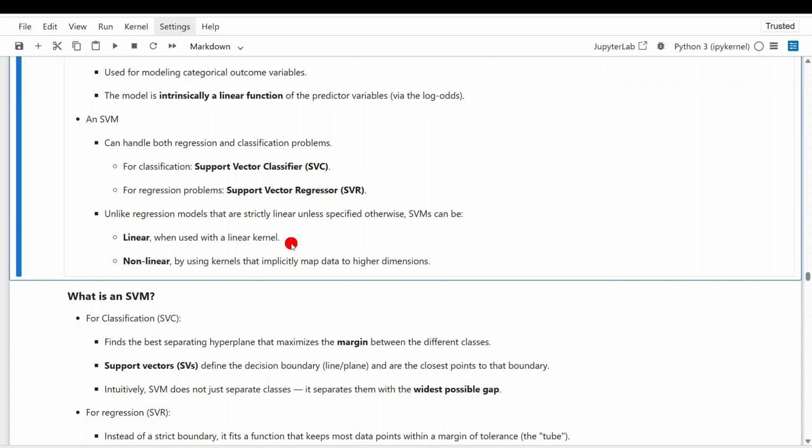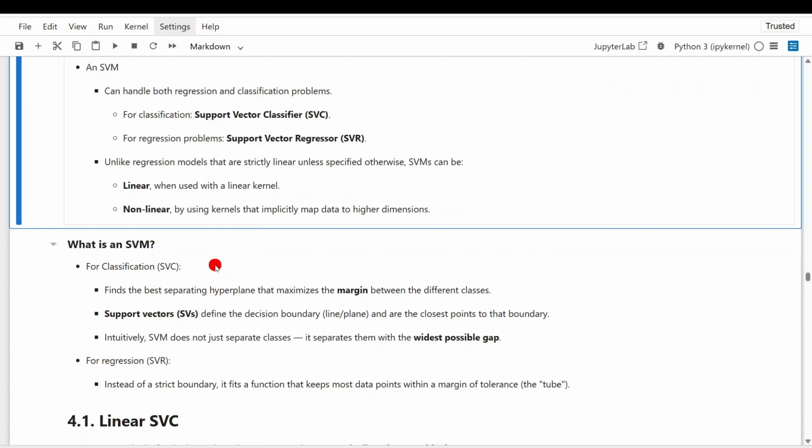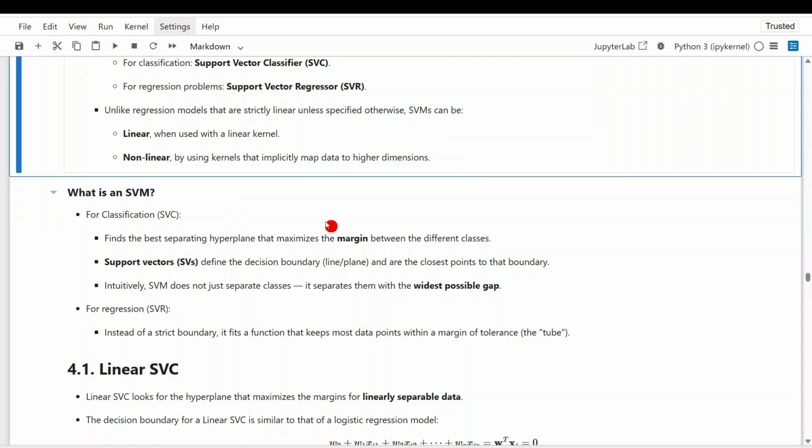Otherwise, in general, a support vector machine is a nonlinear supervised learning algorithm that uses kernels to implicitly map the input data into certain higher dimensions. So these are the differences between the support vector machine and the standard linear models, linear regression and logistic regression. So let's come to the definition of a support vector machine, or what is an SVM.